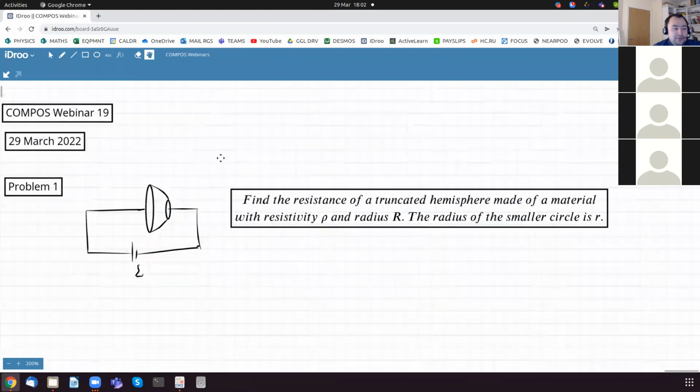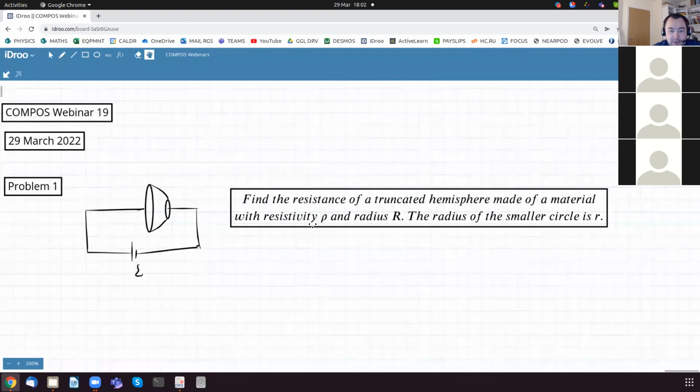So we have: find the resistance of a truncated hemisphere made of a material with resistivity ρ and radius r. The radius of the smallest circle is r. So it's a truncated semicircle. Basically, we took a metal ball, we cut it in half, we cut a little slab off the edge.